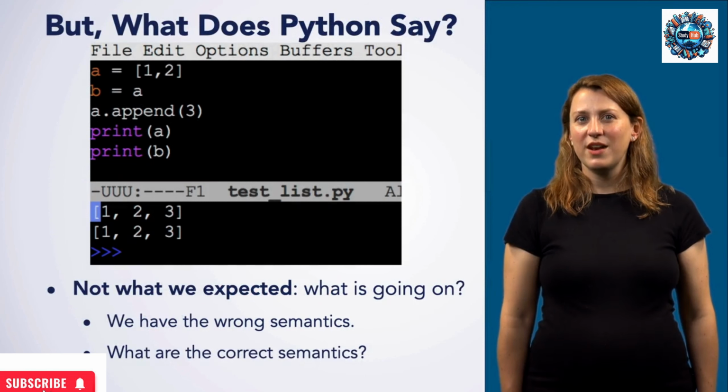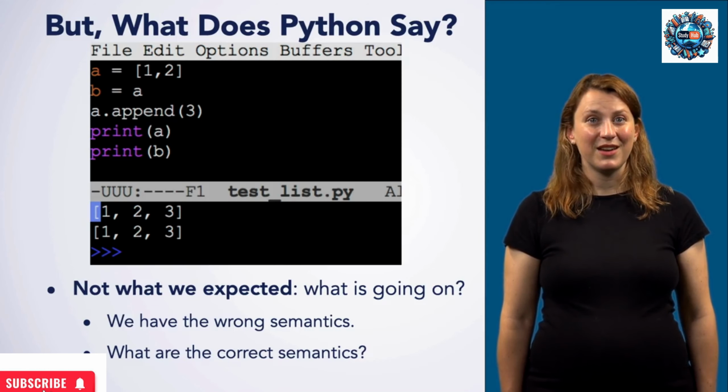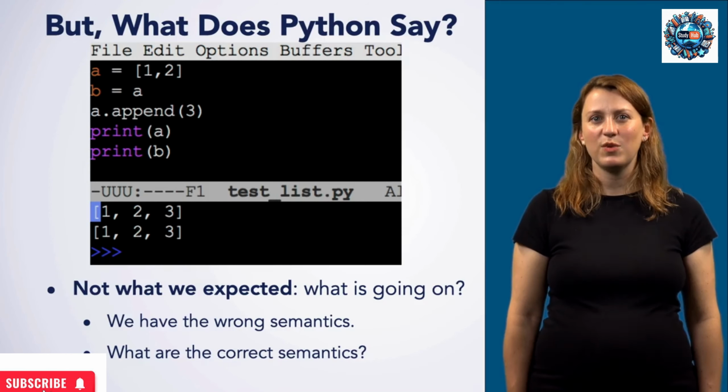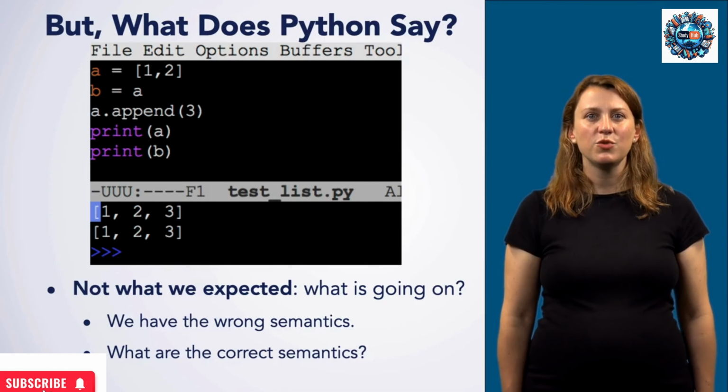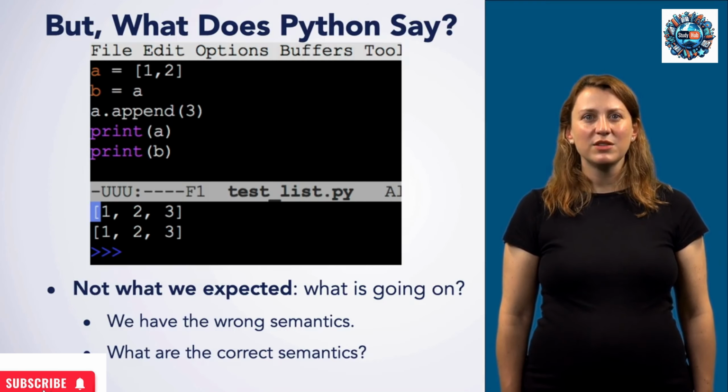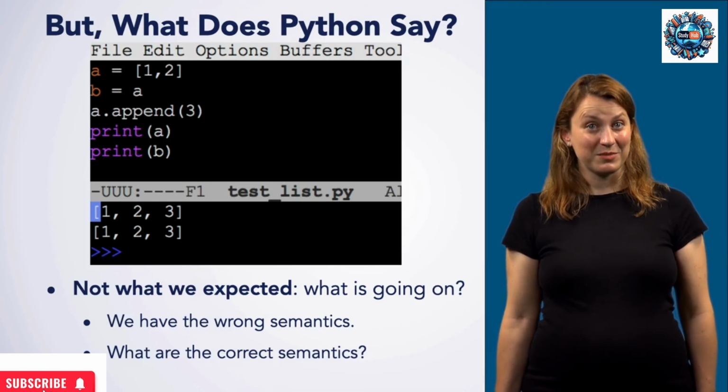However, if we try running this in Python, we see a different and perhaps surprising result. A is 1, 2, 3 as we expected, but B is also 1, 2, 3. What has happened here? Our mismatch with Python comes from the fact that we have the wrong semantics. We drew an incorrect picture. So now this raises the question, what are the correct semantics?